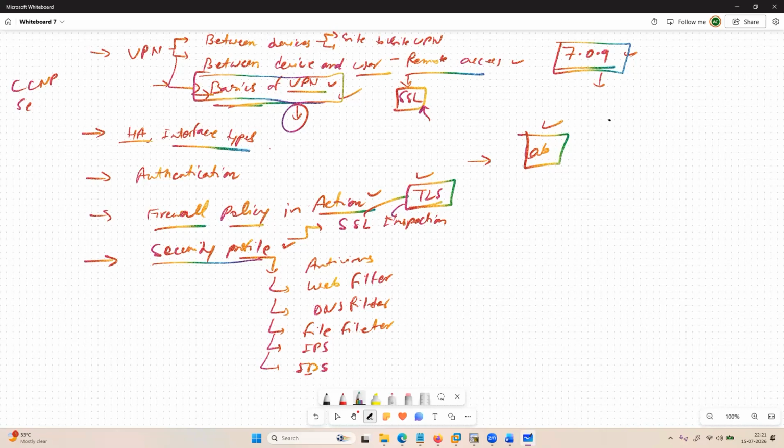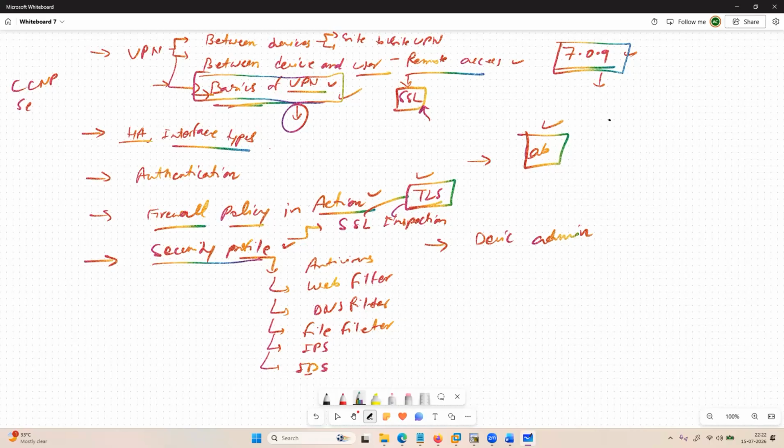Once security profile is done, then we are going to see device admin. And what is that? How you can give access to your other colleagues. Let's suppose you are senior, and you want to create an admin profile, an admin user ID for your colleague. He just joined like 1 month ago, and you want to give him some access, monitoring access only. Then how will you do it?